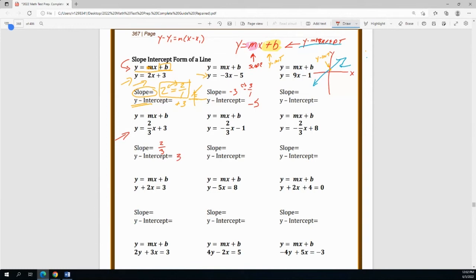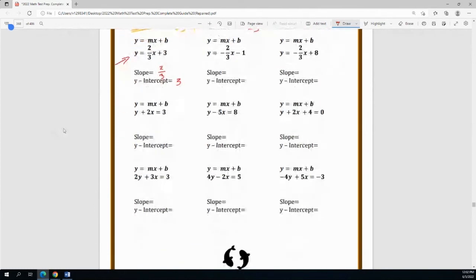Now, let me show you something else. Look at the one right below it. You'll notice that the information that's given, well, this is called the standard form of a line, where y equals mx plus b, with y on the left side of the equal sign and the m, x, and b on the right side. They don't have that written right here.